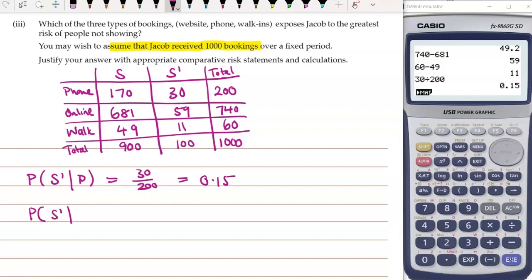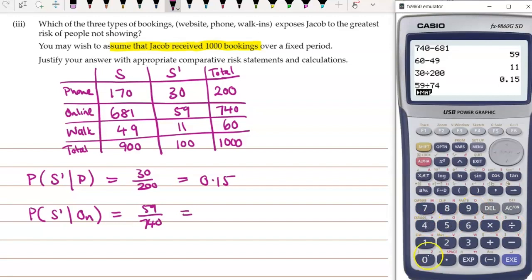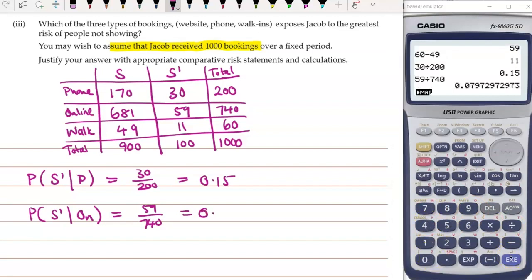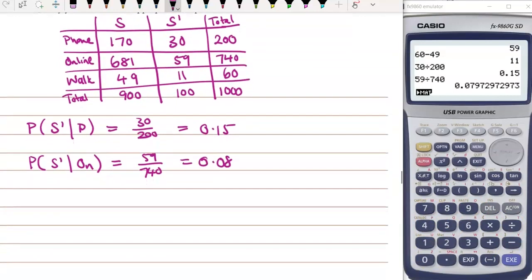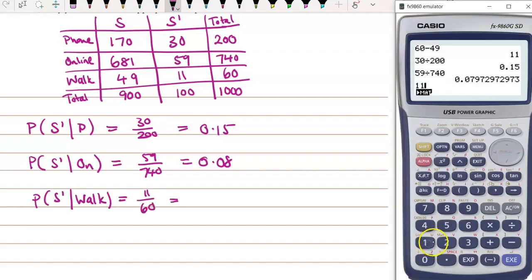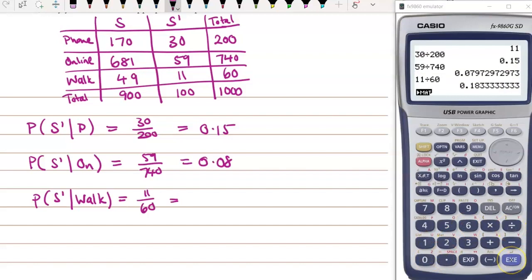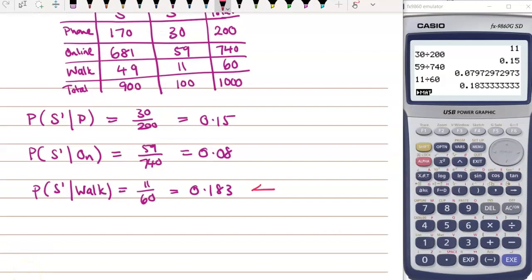Probability they don't show up if they booked online is 59 out of 740, and the probability of them not showing up if they were a walk-in is 11 out of 60. So walk-ins have the greatest risk of not showing up.